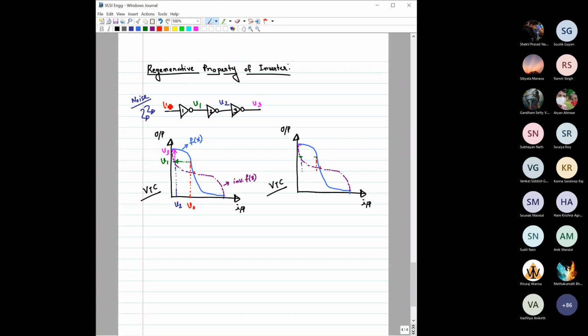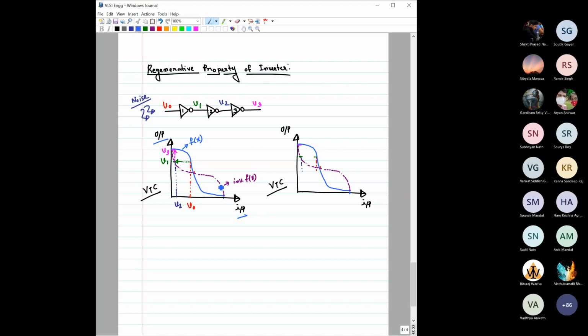We do not know how this inverter was made as of now, so we are assuming that the VTC of the inverter, output voltage versus input voltage, is something like this.